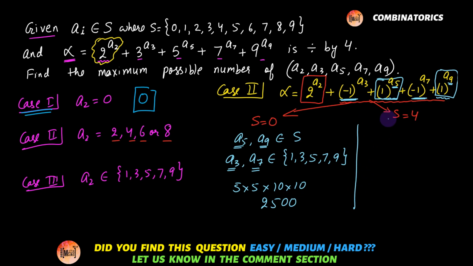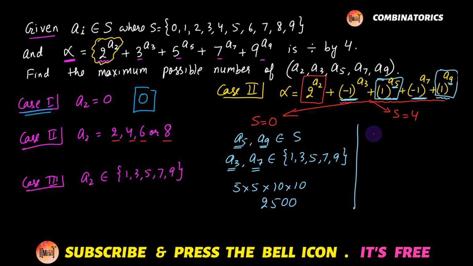And similarly, for sum equal to 4, we have that A5 and A9 can belong to the set S, whereas A3 and A7 must now necessarily be even, that is either 0, 2, 4, 6 or 8, and hence again for A3 there are 5 choices, for A7 there are 5 choices, for A5 and A9 there are 10 choices each.